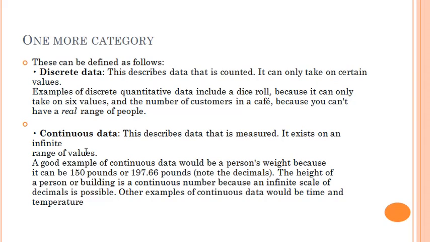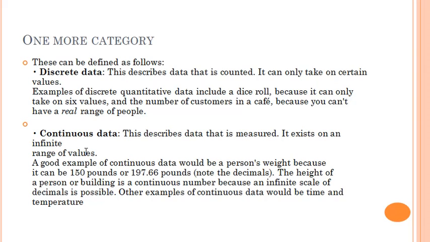On the other hand, continuous data describes data that is measured, right? It exists on an infinite range of values, so it will not be a finite set, it will be an infinite set. A good example of continuous data would be a person's weight, because it can be 150 pounds or 197.66 pounds. So now we are going into fractions, with decimal numbers involved.